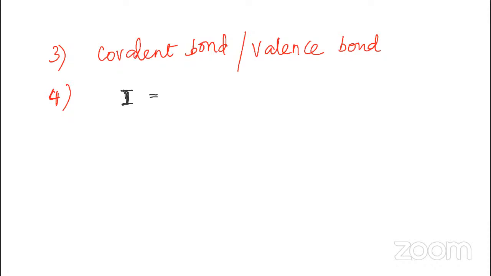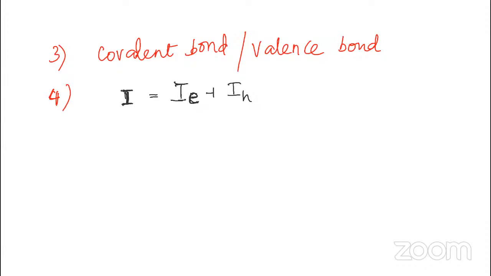So it is the combination of electron current plus hole current, that is, the current is IE plus IH. Right, so this is the fourth point.